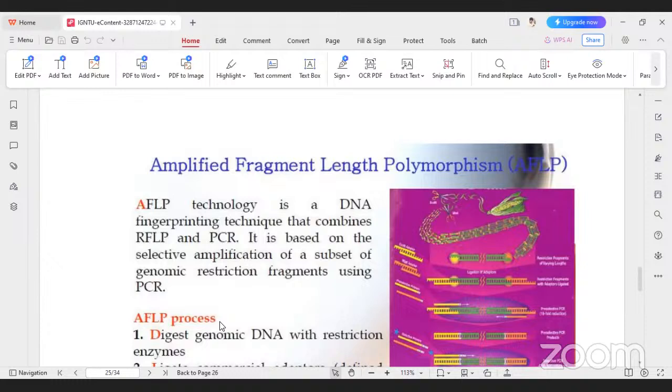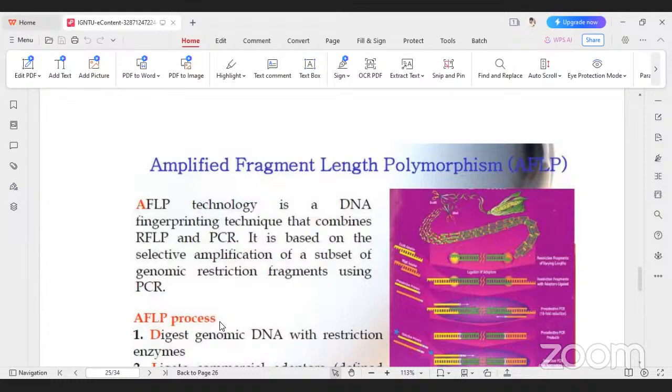It is based on amplification of genomic restriction fragments generated by specific restriction enzymes and oligonucleotide adapters. These oligonucleotide adapters actually act as primers. It is a novel DNA fingerprinting technique.